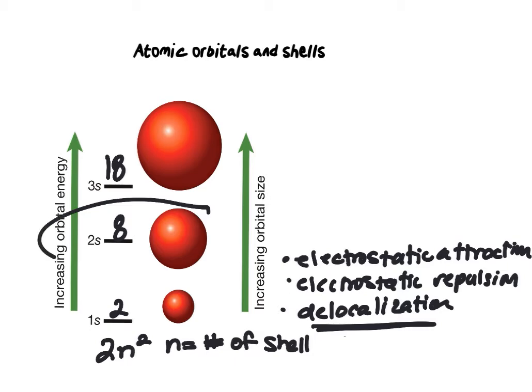In organic chemistry, we are going to be dealing with the n equals 2 shell primarily. Electrons in the first shell are nearest to the positively charged nucleus and are held most strongly by it. These electrons are lowest in energy. Electrons in higher numbered shells are farther from the positively charged nucleus and are held less strongly.